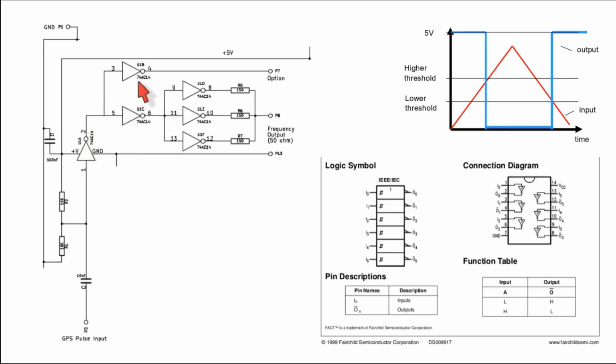One of these paths forms a TTL compatible output labeled option in Louis's diagram. The other goes into 3 further inverters with their outputs summed together through 150 ohm resistors to form a high power 50 ohm output. A 100 nF capacitor across the power rail is used to decouple the chip's power supply.